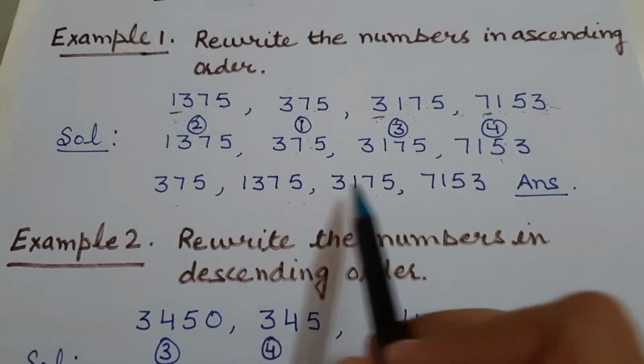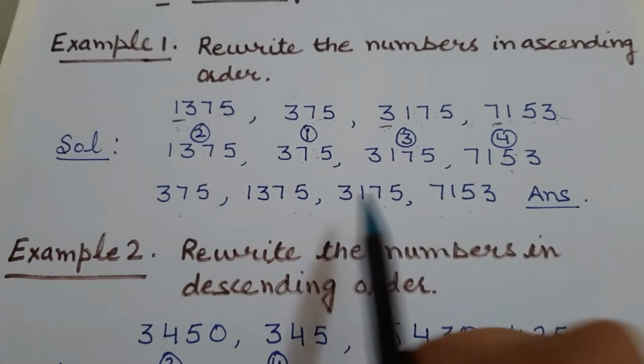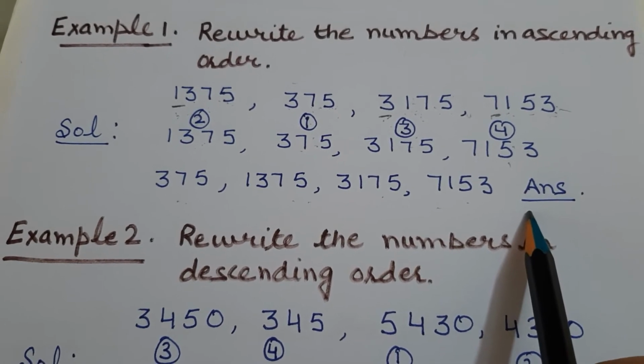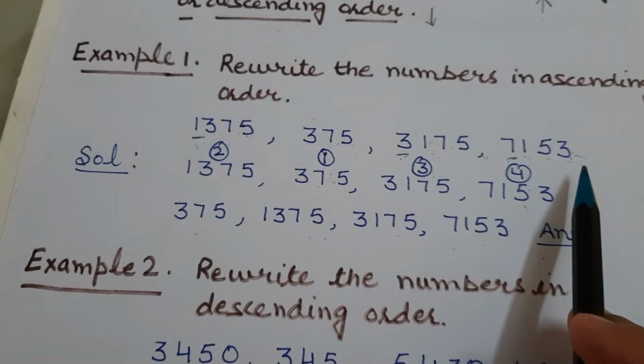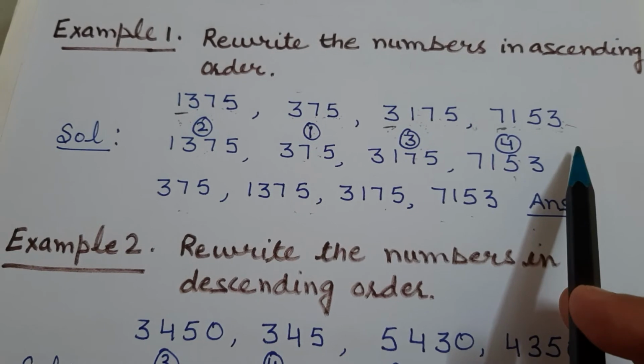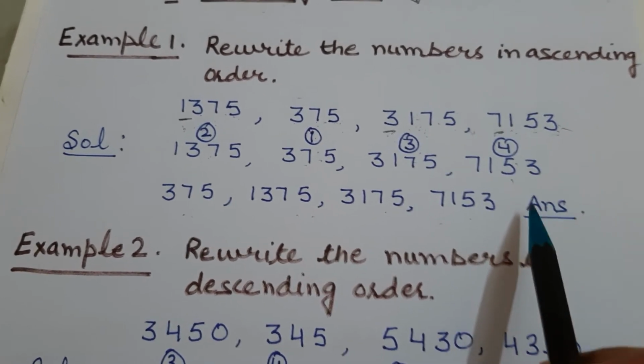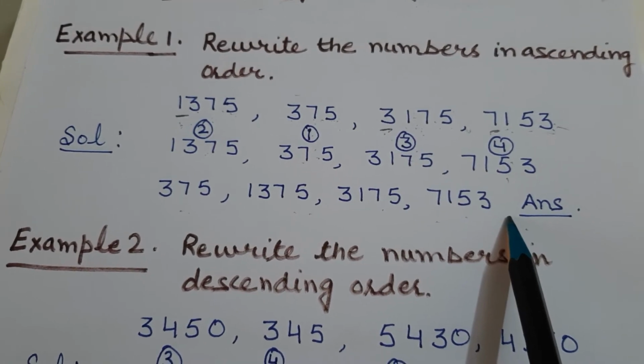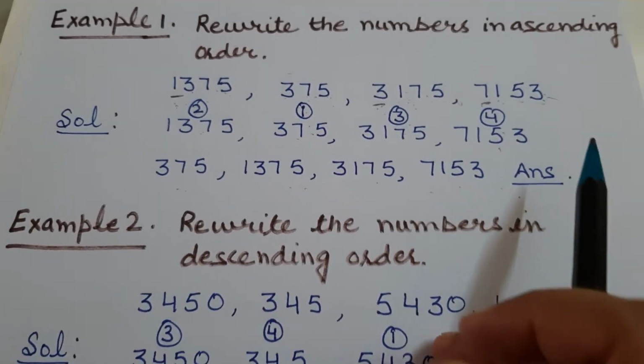In this way you can write four numbers in ascending order. Similarly, if 5 or 6 numbers are given, you can easily compare them by checking their places. I hope it is clear.